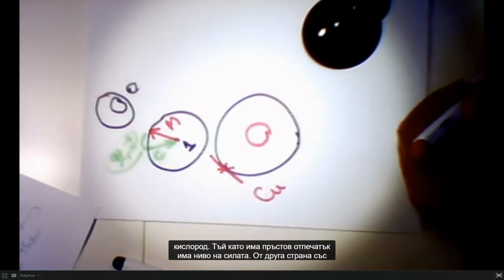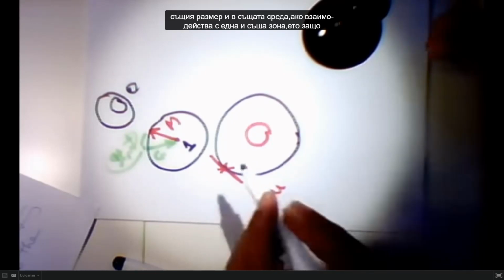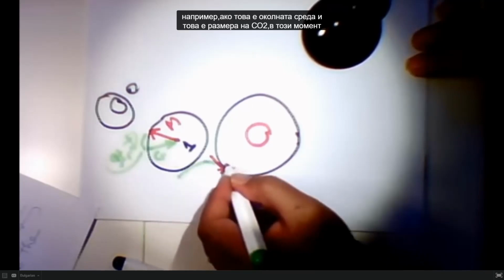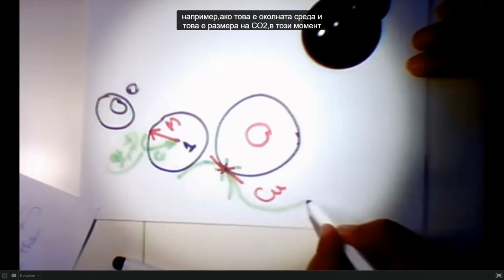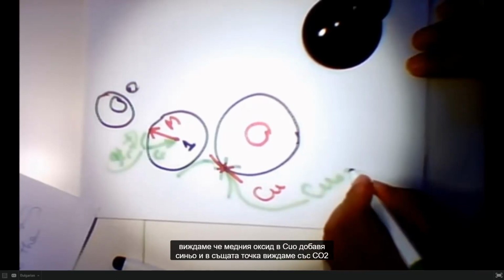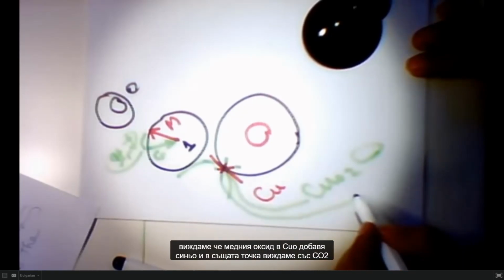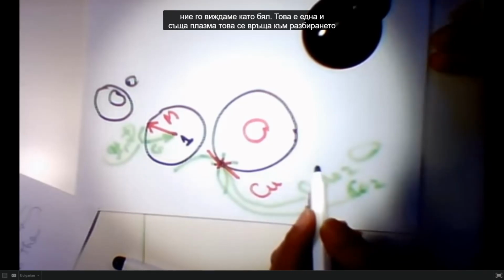On the other hand, the same size in the same environment, if it interacts with the same area, that's why, for example, if this is the environment and this is the size CO2, at this point we see the copper oxide, CuO, as blue, and at the same point with the CO2 we see it as white. It's the same plasma.